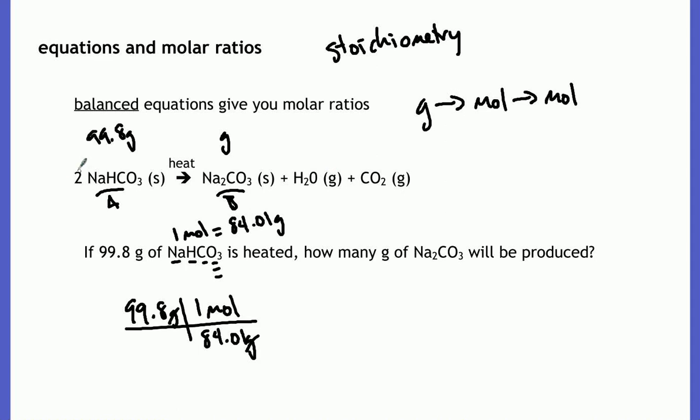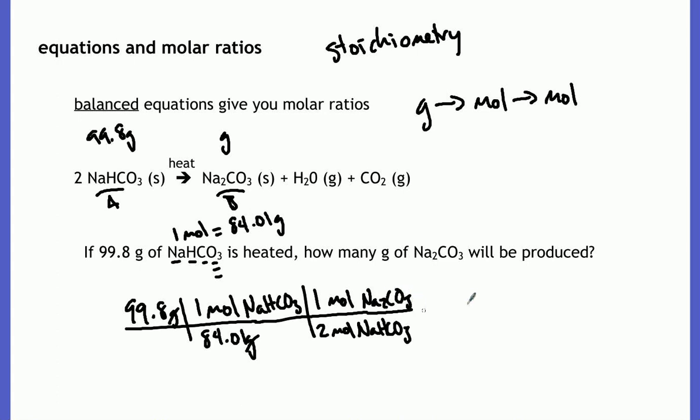I already know that for every 2 sodium bicarbonates, I'm going to make 1 sodium carbonate. So I just use that ratio. I have a label here right now, sodium bicarbonate, and that's what I'm trying to switch up this time, because for every 2 moles of that sodium bicarbonate, 1 mole of sodium carbonate is going to be produced.